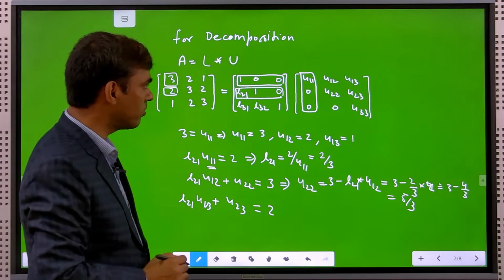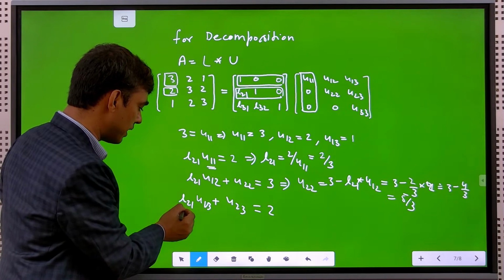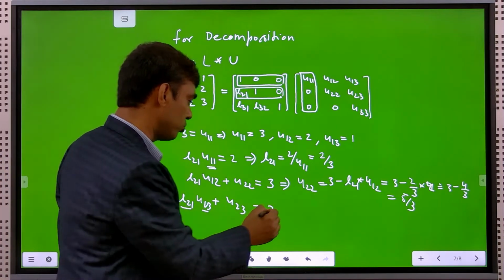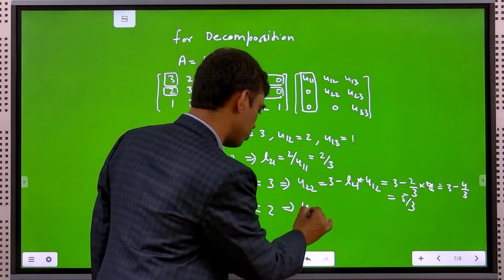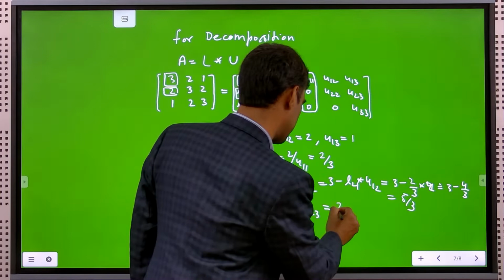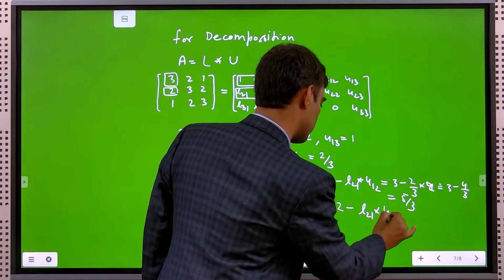Now what is the value of u23? Because we have the value of L21 and we also have the value of u13, u23 becomes 2 minus L21 into u13.